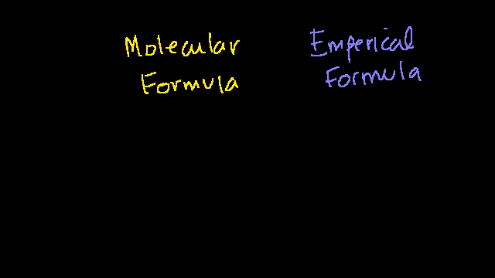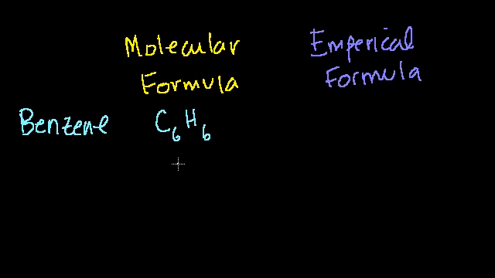Let me show you what I'm talking about. So if I were to give you, I don't know, a benzene. The molecular formula of benzene, you have 6 carbon atoms and you have 6 hydrogen atoms.